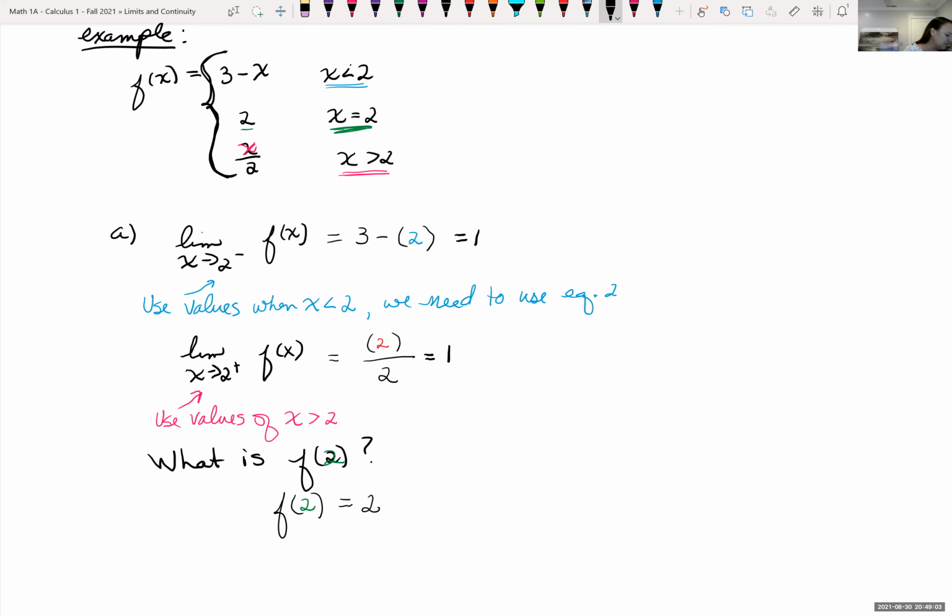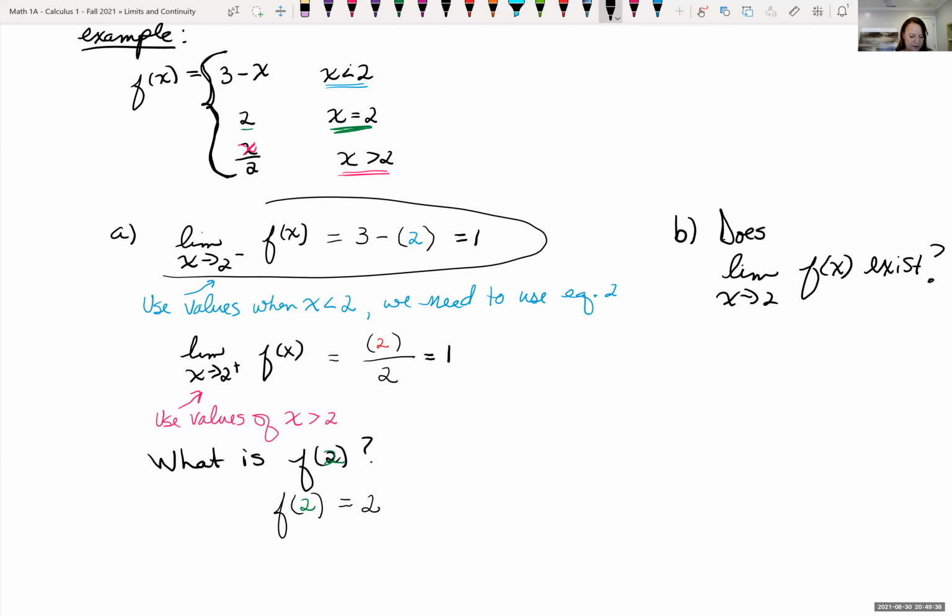Okay, let's just look at one more. Actually, that was it, I think. Does the limit as x approaches 2 of f of x exist? Why or why not? Well, recall, in order for a limit to exist, the left-hand side has to equal the right-hand side.